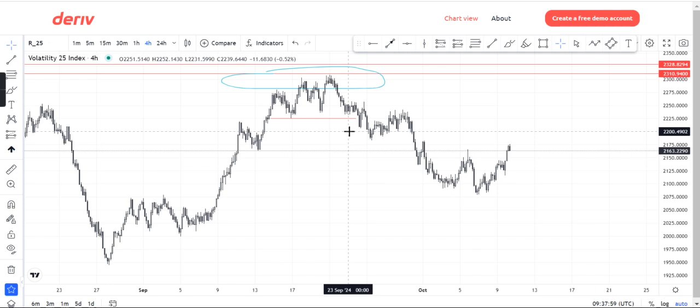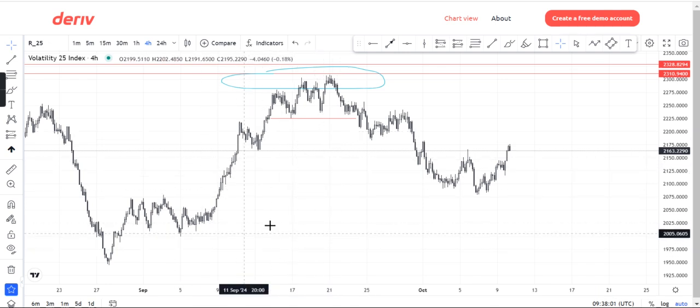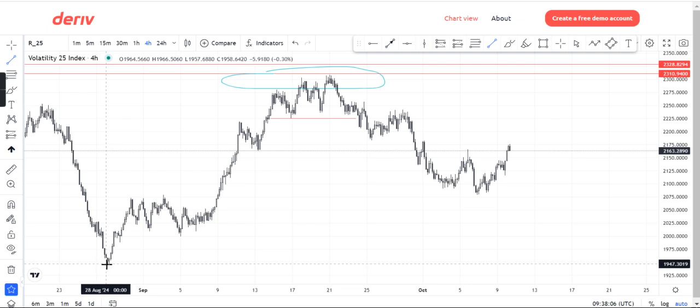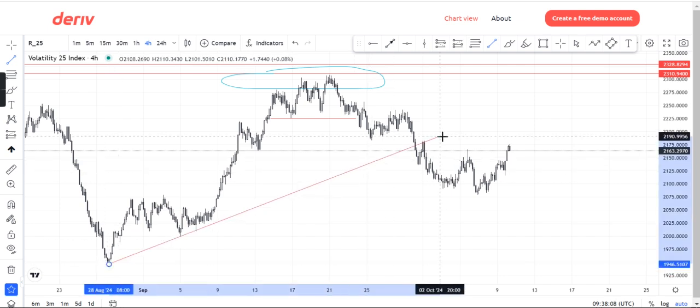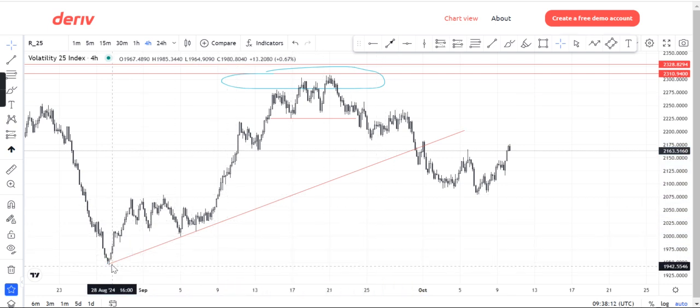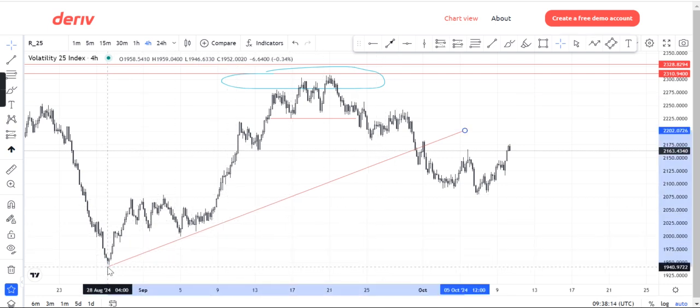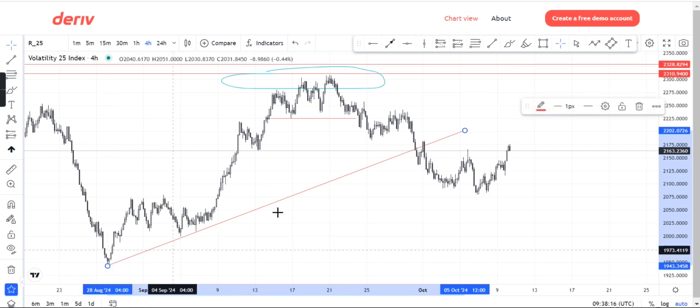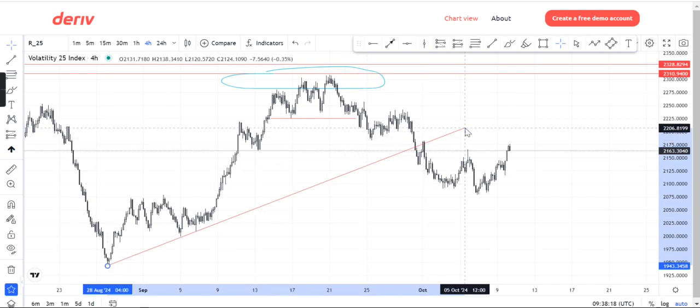Now, market broke this level, changing the trend of the market, and to add to it, we have a clear break of trend line here.